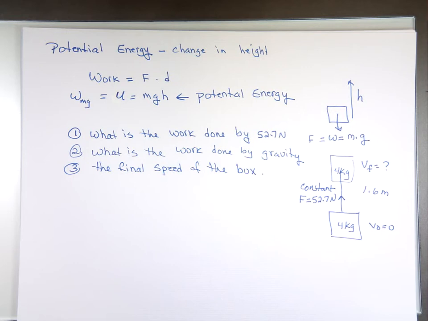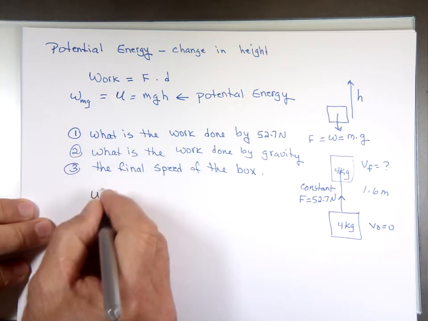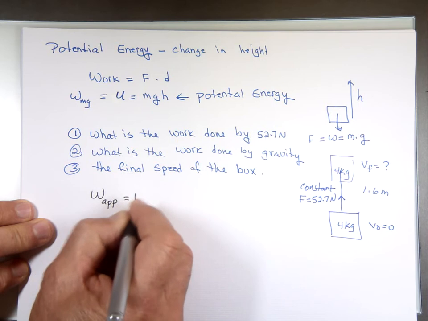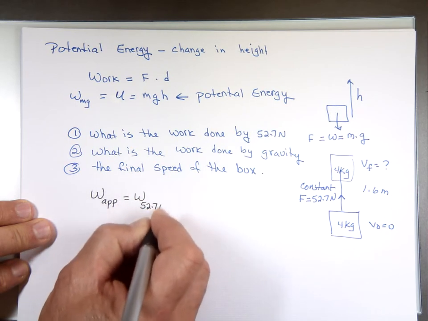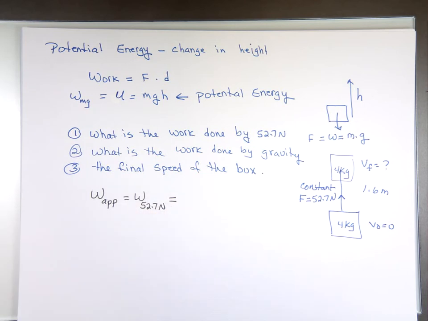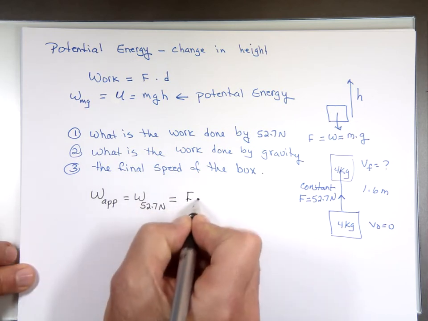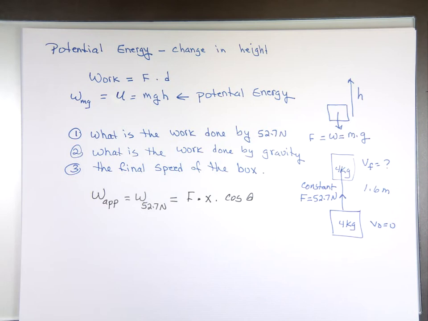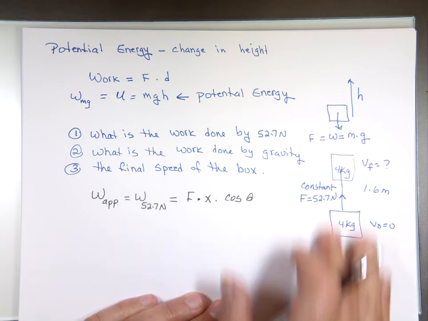Now let's look at the first one. The work done by the force, the 52.7. So the applied force, I'll put the work by the applied force, APP. That's the work done by the 52.7 Newton force. Work, we said it's force times distance times cosine theta. That's the equation we wrote early. Well, let's look at that force, the 52.7. It's pushing upward, and we move the box upward in the same direction.